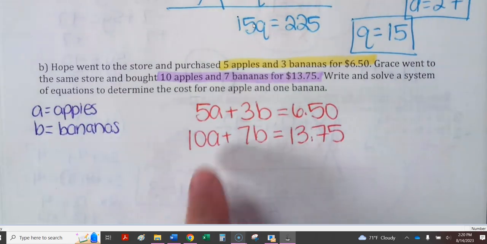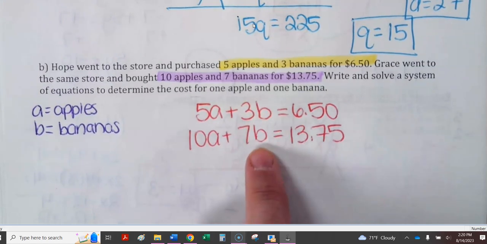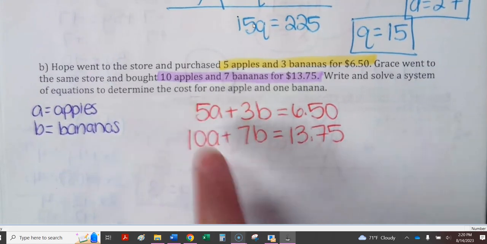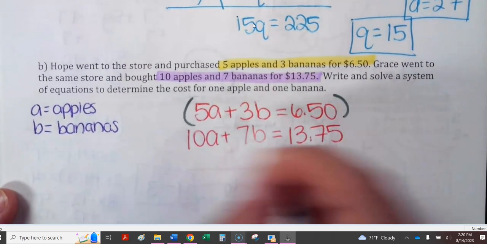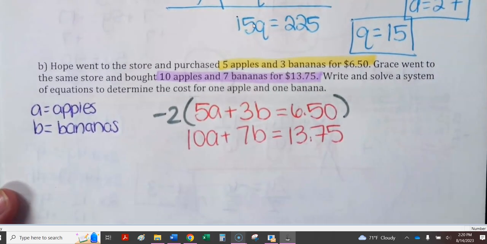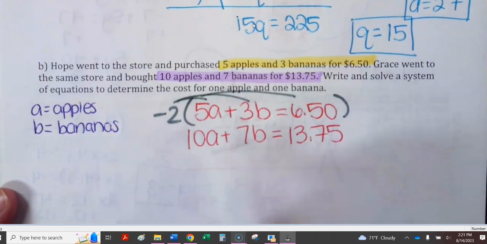Perfect. Okay, 3, you're not multiplying by anything nice to get 7, but 5, we could multiply, like she said, by -2. So I'm just going to run a -2 through this top line. That'll give us opposites.